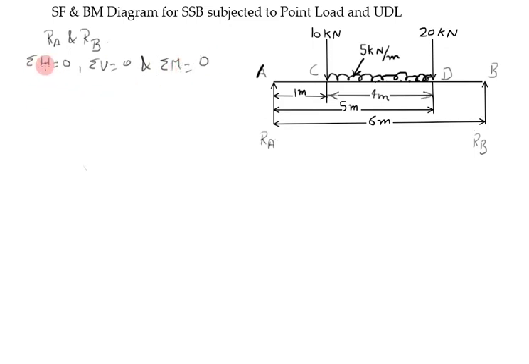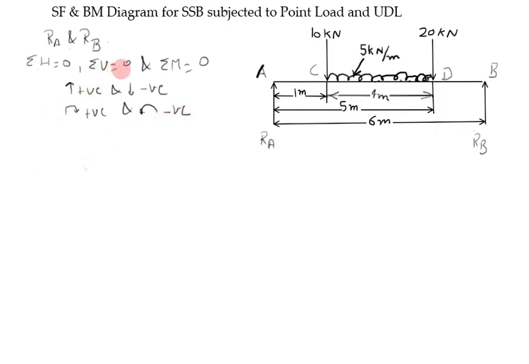The first equilibrium condition will not apply because there is no horizontal force in this diagram. To apply the second and third equilibrium conditions, we consider upward forces as positive and downward forces as negative, clockwise moments as positive and anti-clockwise moments as negative.